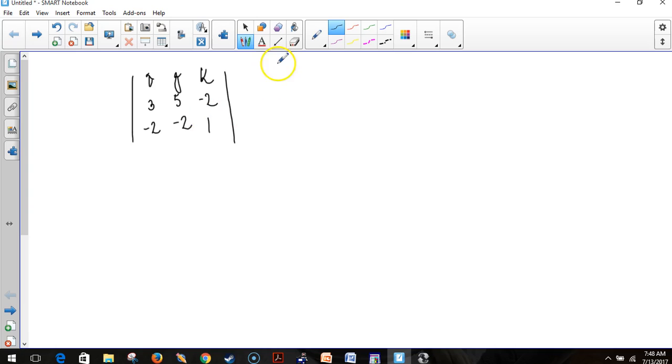I like to use the trick where you cross out your first row and then you cross out your first column. And the piece where they overlap, that is your scalar.